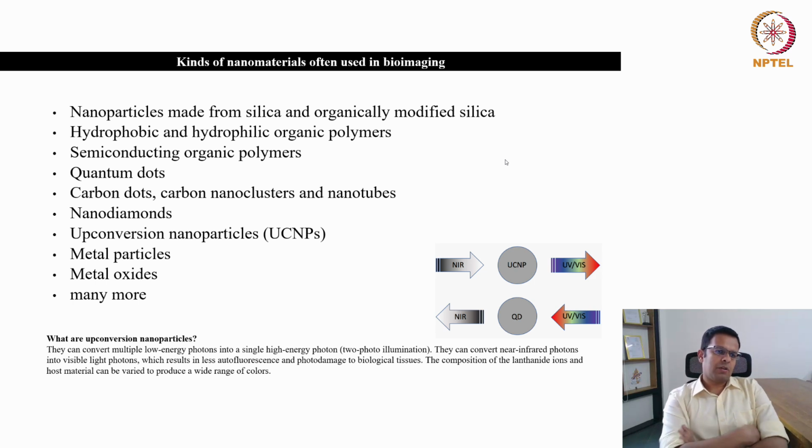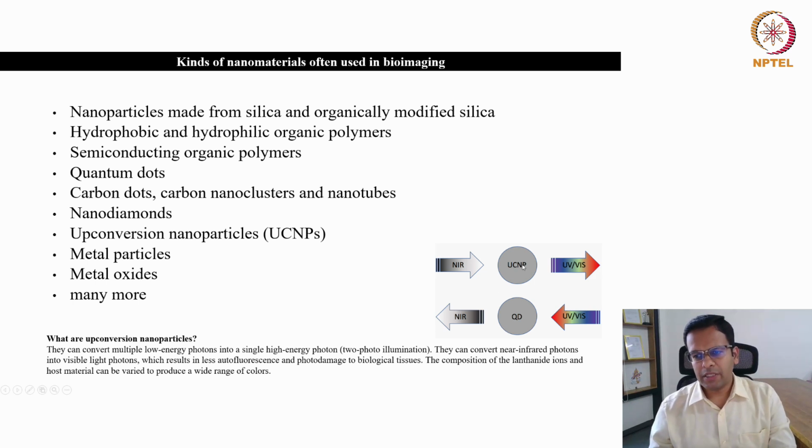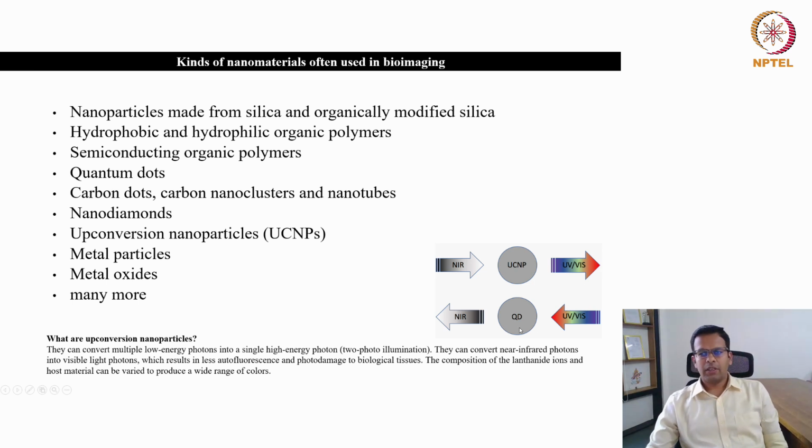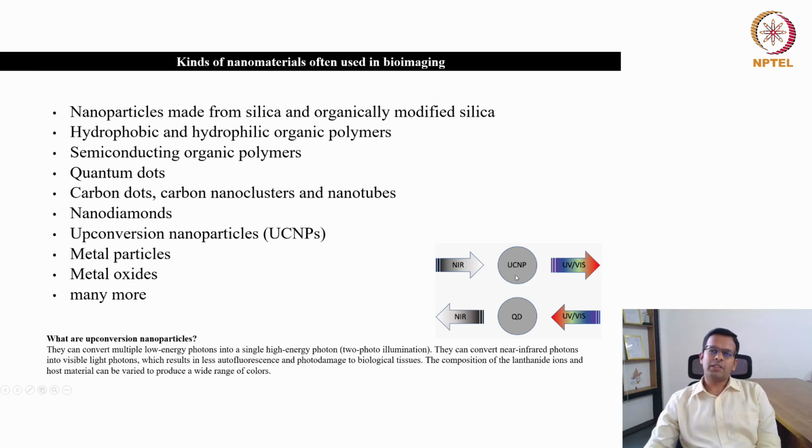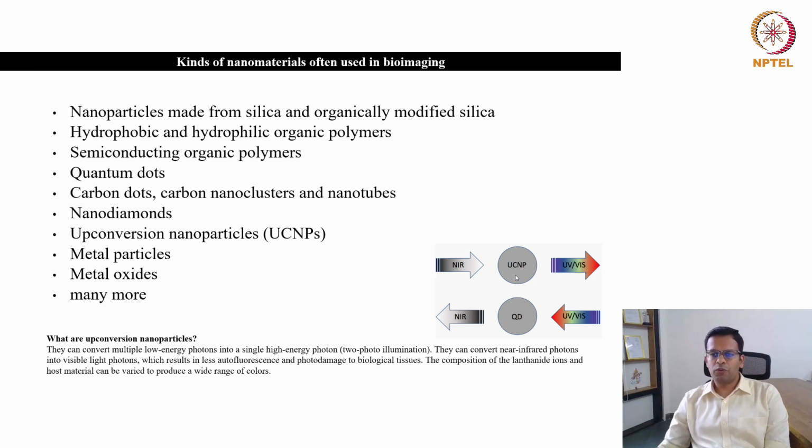Now I will explain this terminology. What is an upconversion nanoparticle? Upconversion nanoparticles are a type of nanoparticle which generally absorbs near infrared light and emits UV visible light. Most other nanoparticles like quantum dots or carbon dots absorb UV visible light and emit near infrared light. Whereas these upconversion nanoparticles are generally a kind of two photon system.